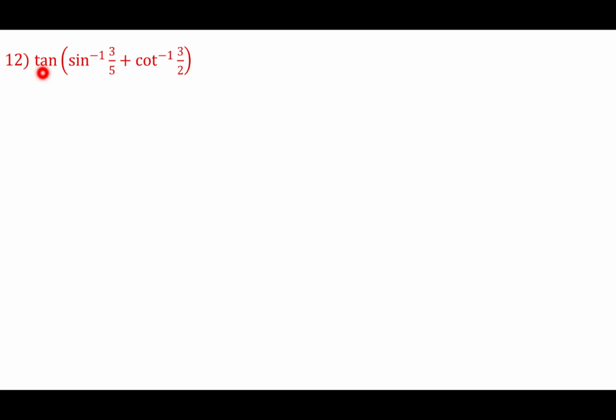Question 12. Tan of sine inverse 3 over 5 plus cot inverse of 3 over 2. At first, consider x as sine inverse 3 over 5 and y as cot inverse 3 over 2. So this expression will be tan of x plus y.